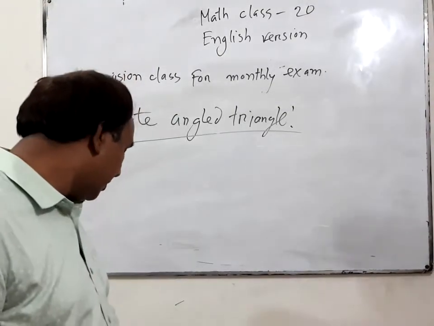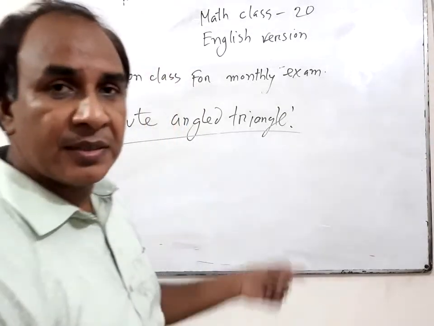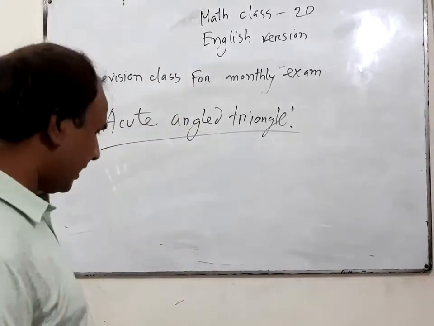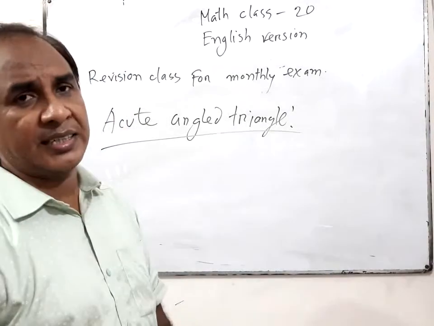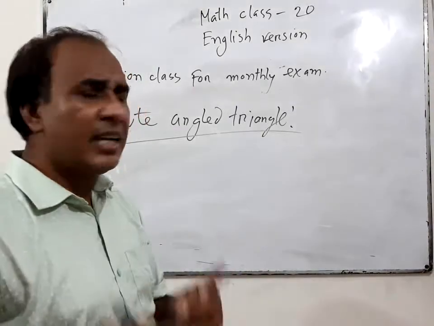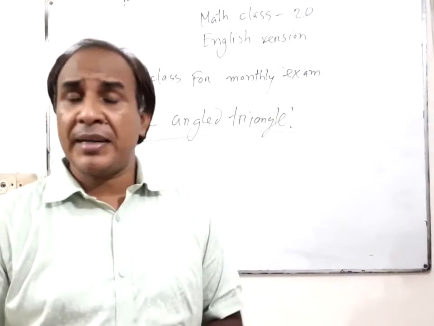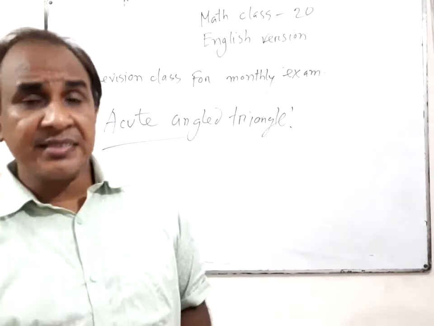You can mark in your book page number 134 or your guide book very clearly there. NCC guide. Acute angle triangle: the triangle having 3 acute angles is called acute angle triangle. But firstly we have to understand what is acute angle. Acute angle: the measurement of the angle is more than 0 degree and less than 90 degree.